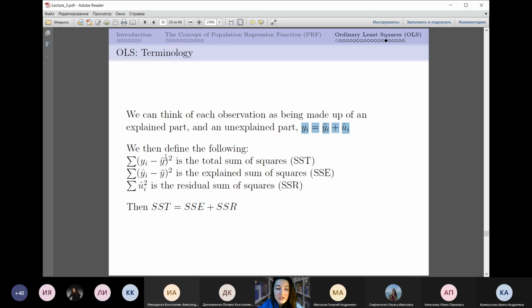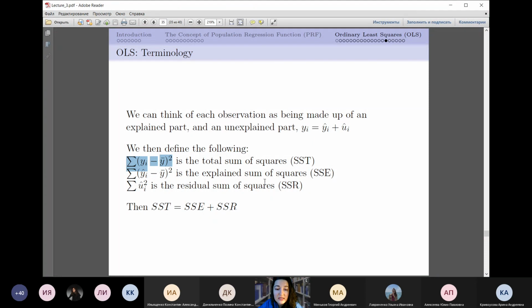What does it mean? We can see that the total sum of squares measures how spread out your observed values are in the sample. And if you divide this equation by the number of observations, you just obtain the sample variance of y.